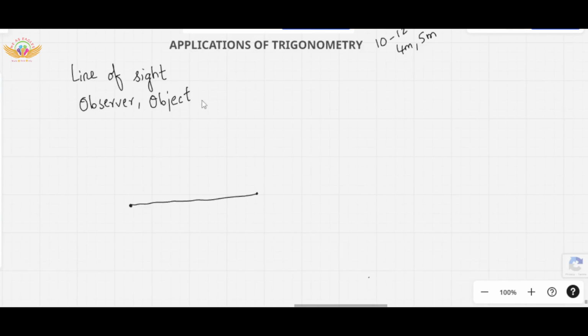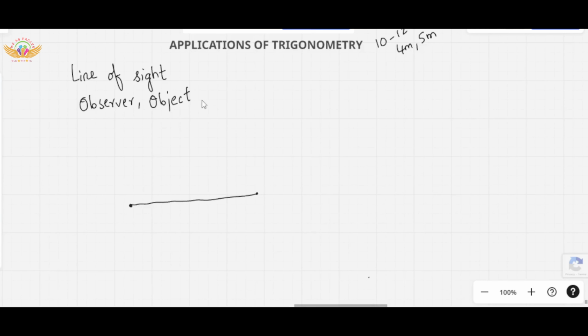That man or boy, we call him an observer. And what is an object? It might be a tower, or a building, or any object which is on the other side, where this observer is watching this object.